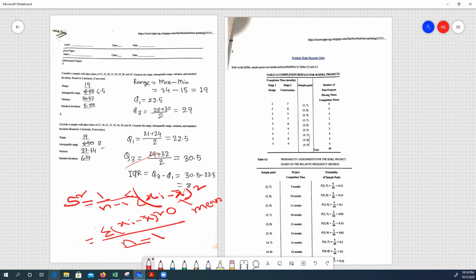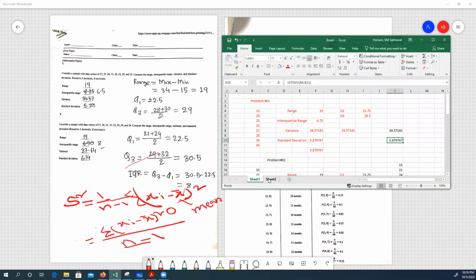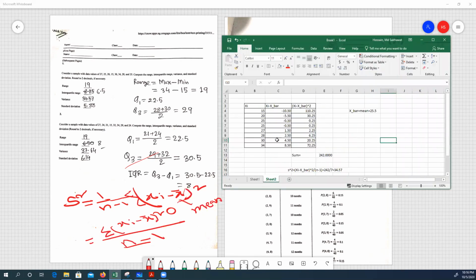Okay, so you can also use the Excel sheet to do this. We have one example here. We have the numbers xi, that means all the observations: 15, 20, 25, 25, 27, 20, 30, 34, which are the xi's. Now we have to take the difference of xi and x bar.